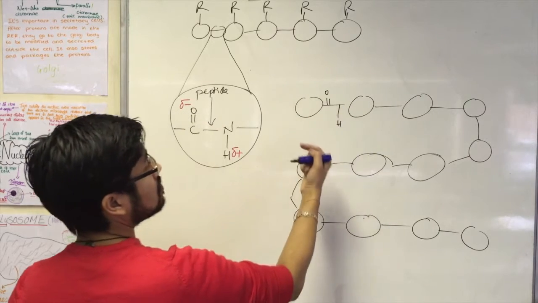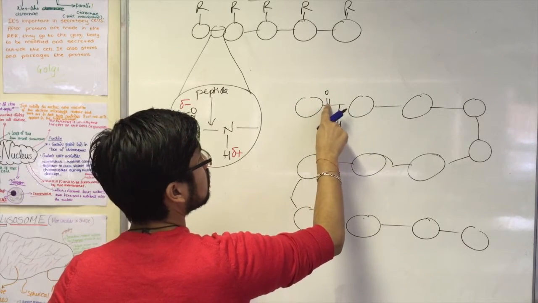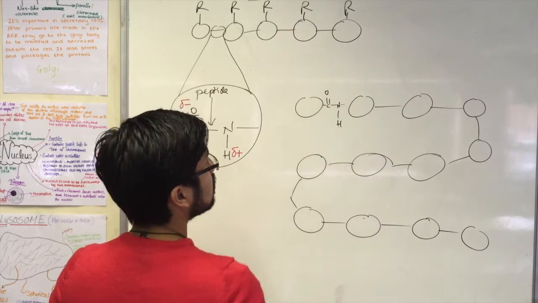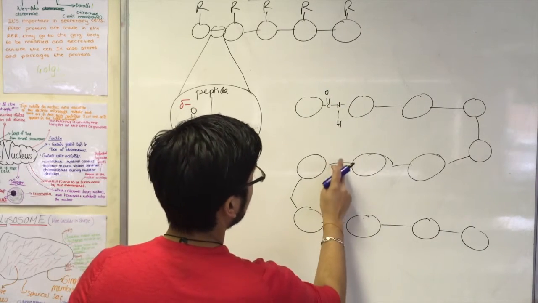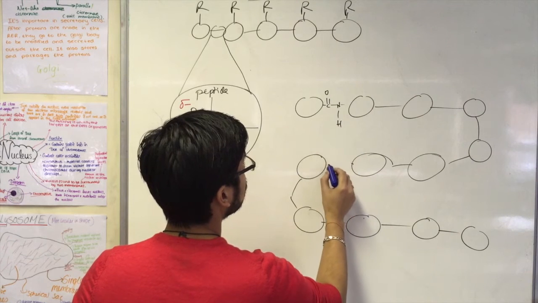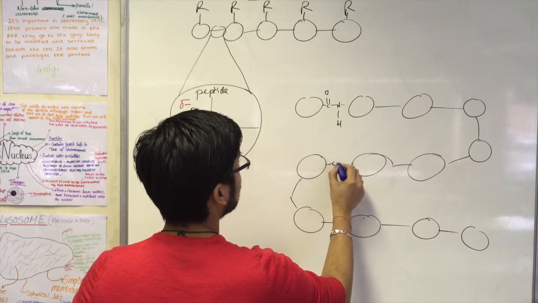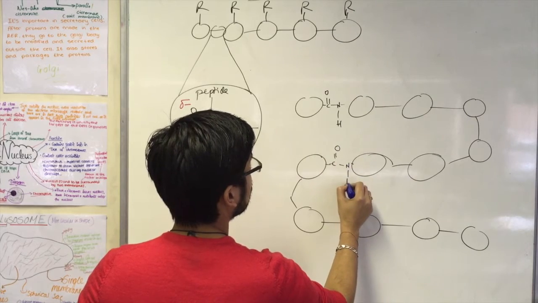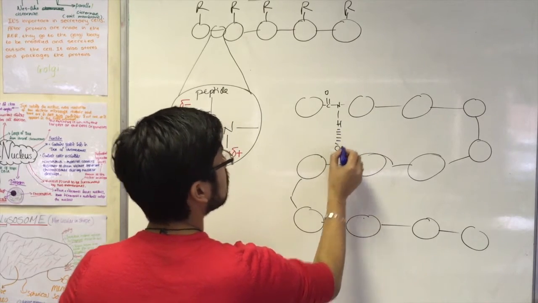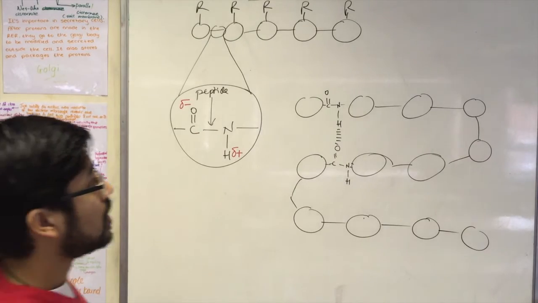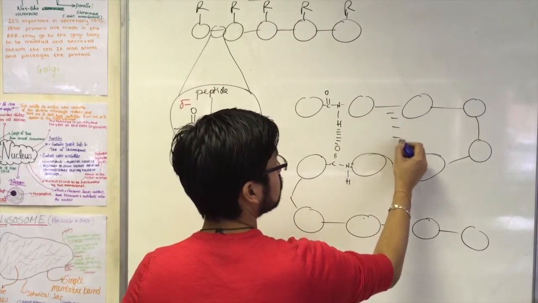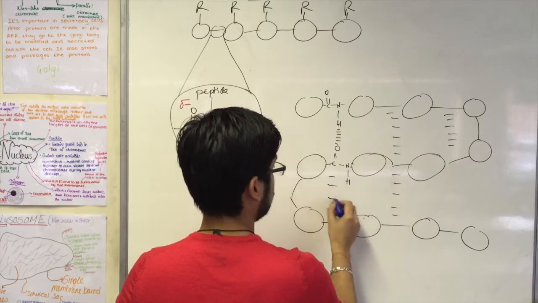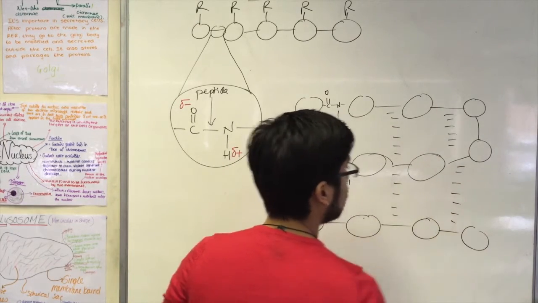We could have an oxygen sticking out of the peptide group over there. Could just draw it properly. Right, something like this, and down here we might have a peptide group such that the oxygen is there, and there could be a bond like that, and that could be happening here, here, here.